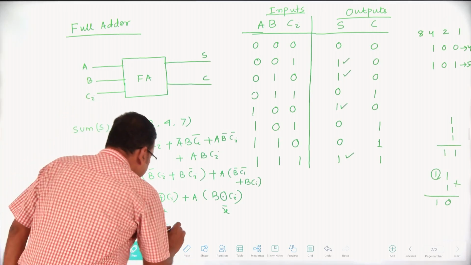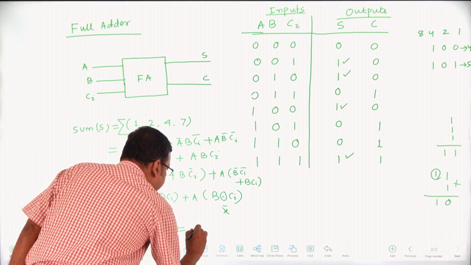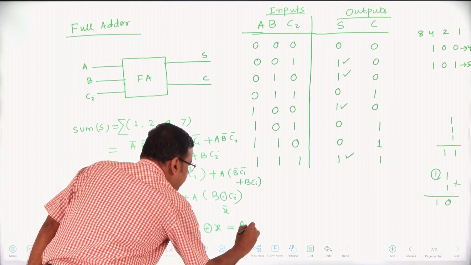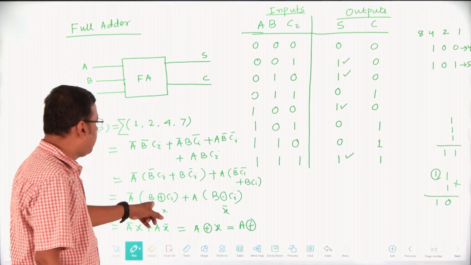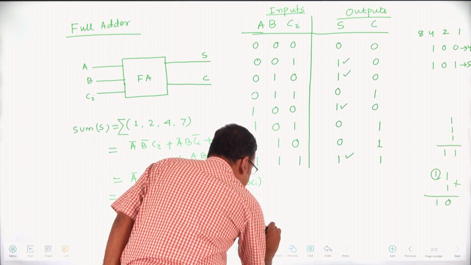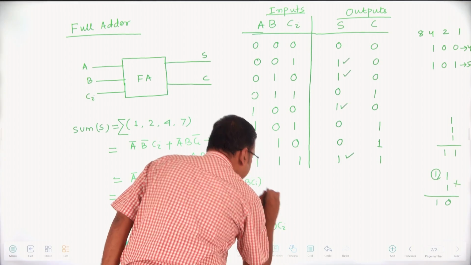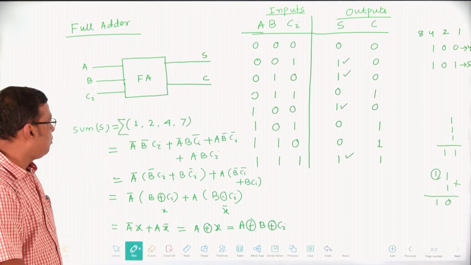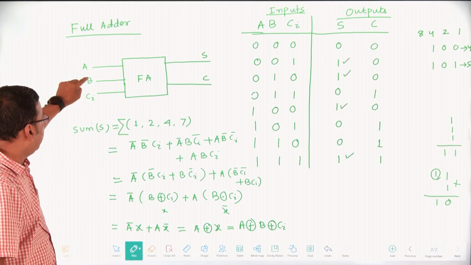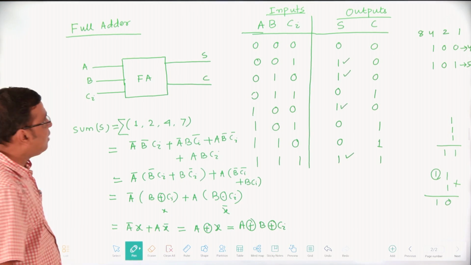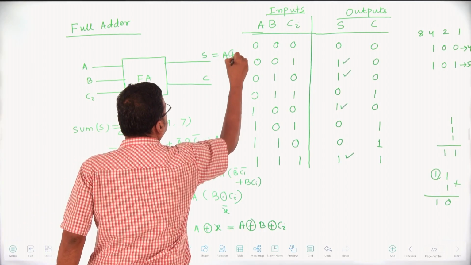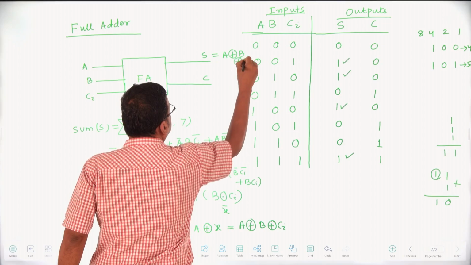A bar X plus A X bar is nothing but A XOR X, where X is B XOR Ci, that is A XOR B XOR Ci. One important conclusion is that in the case of a full adder, the sum is this XOR this XOR this. So that's why S is equal to A XOR B XOR Ci.